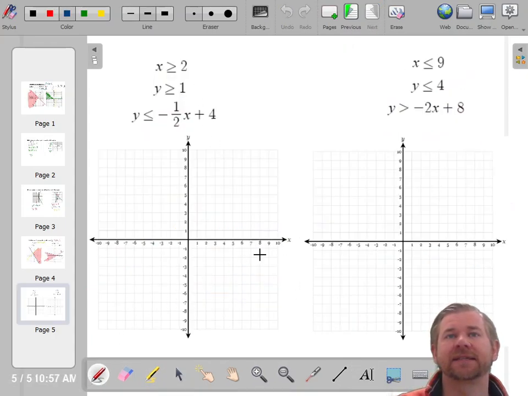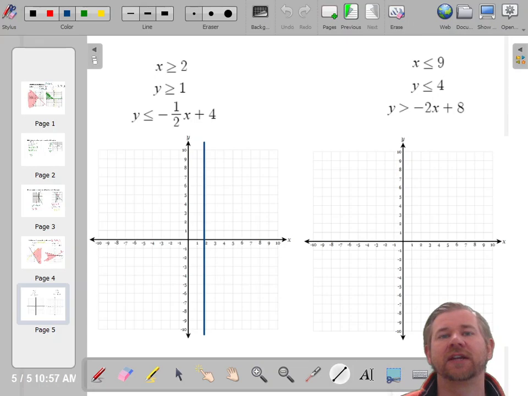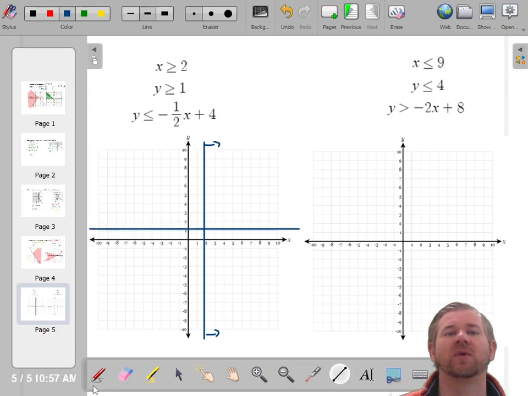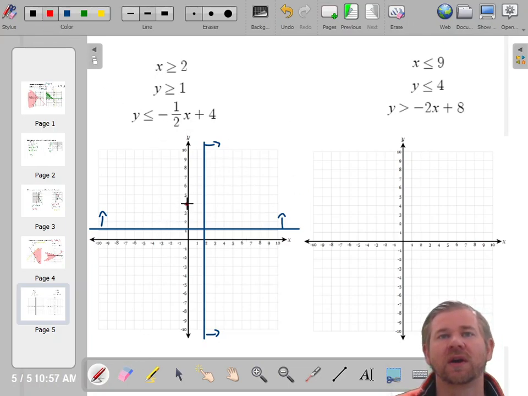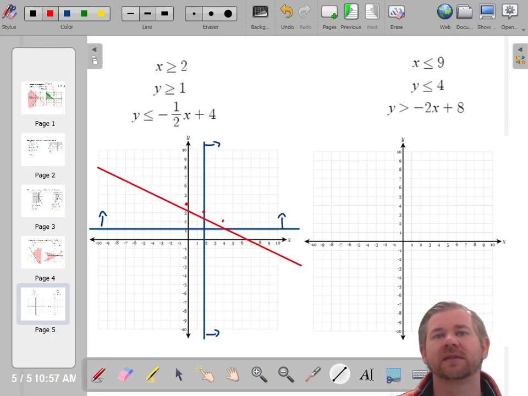Last two. x is greater than or equal to 2, shade to the right of x equals 2. We're going that way. y is greater than or equal to 1, horizontal line. We're going up. So we're just kind of moving the feasible region out here a little bit. Now the last one, I'll start at 4. The y-intercept is 4, down 1 over 2. So it looks something like this.